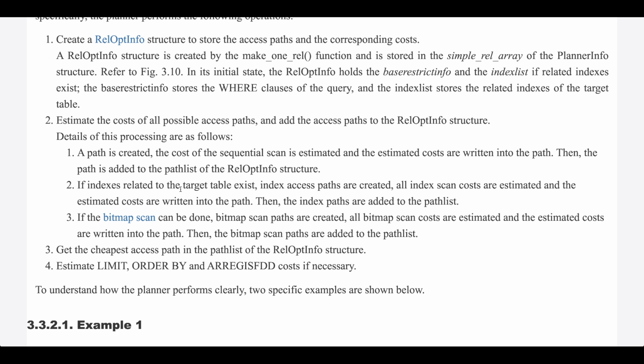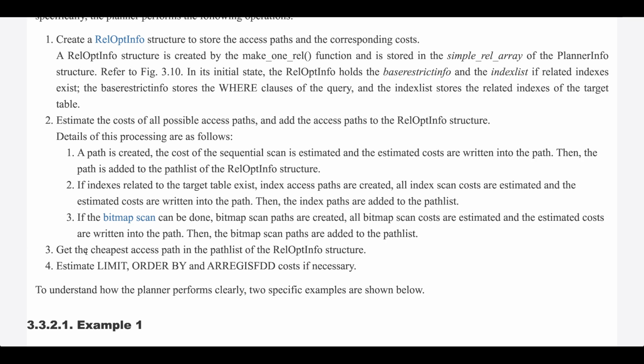If indexes related to the target table exist, index access paths are created. All index scan costs are estimated and the estimated costs are written into the path. Then the index paths are added to the pathlist. 2.3. If the bitmap scan can be done, bitmap scan paths are created, all bitmap scan costs are estimated, and the estimated costs are written into the path. Then the bitmap scan paths are added to the pathlist.